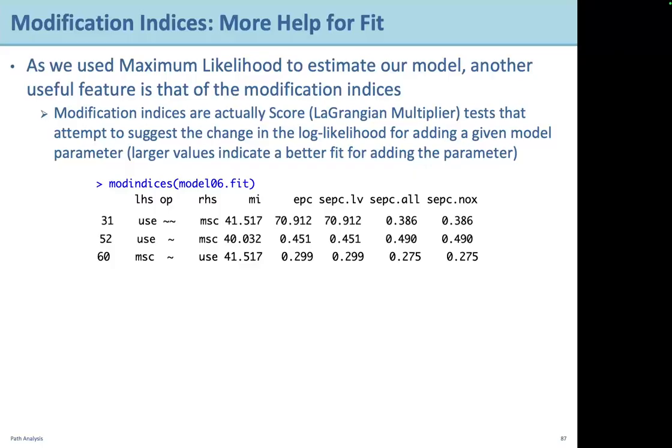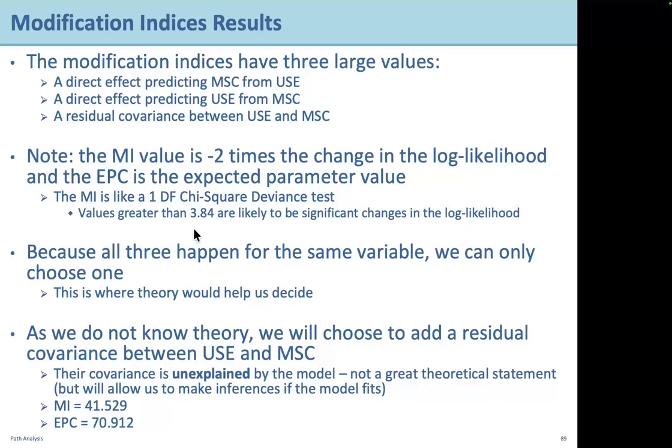The expected parameter change is the value that the parameter will become if you add this to the model. We know that we had a zero value for each of these before, so that change is really just what the parameter happens to be in each of those. For us, we're going to pick the residual covariance between usefulness and math self-concept. The covariance is unexplained by the model.